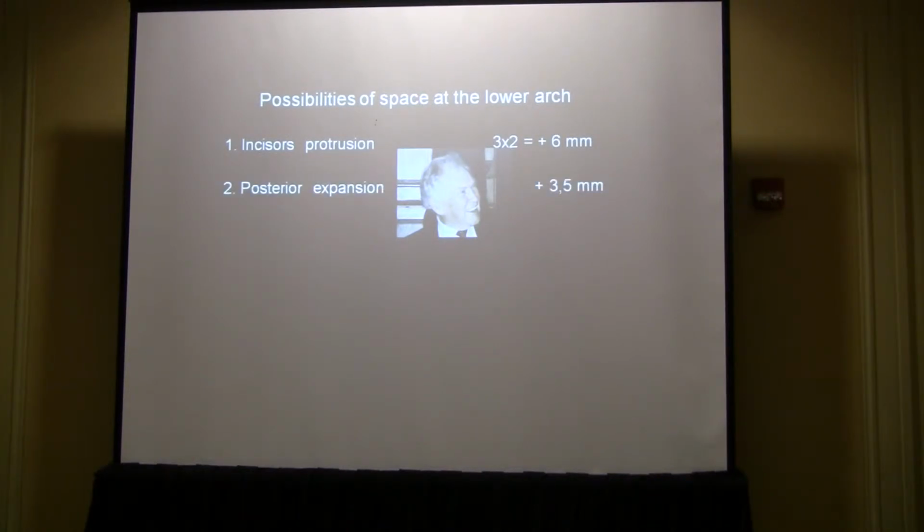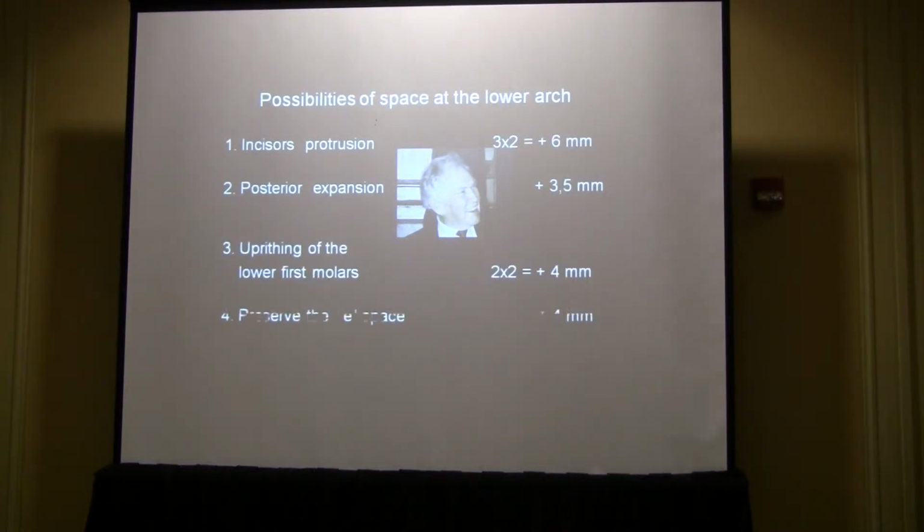Robert Ricketts, in his book Bioprogressive Technique with Cabrini, Rothenberg, and Schulhof, explained the possibilities of space of the lower arch: incisor protrusion, 6 millimeters; posterior expansion, more than 3 millimeters; uprighting of the lower first molar, 4 millimeters; and preserve the leeway space, 4 millimeters.